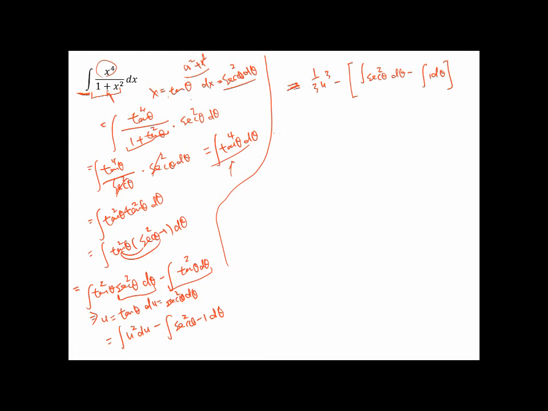Separate it out, which is 1/3 u cubed minus, this is simply tangent theta minus theta, plus c, because no limit, right? So u is tangent theta, which we set up here. Go back: 1/3 tangent theta cubed minus tangent theta plus c.